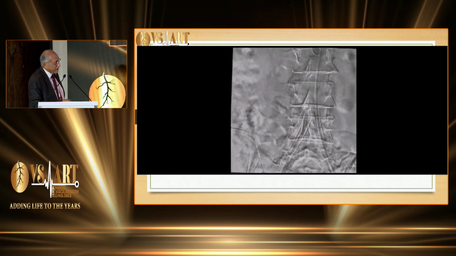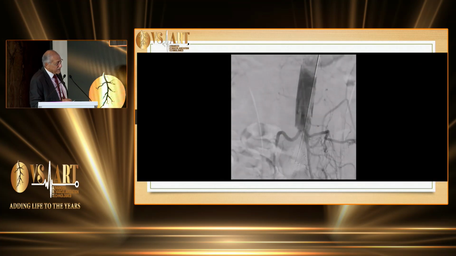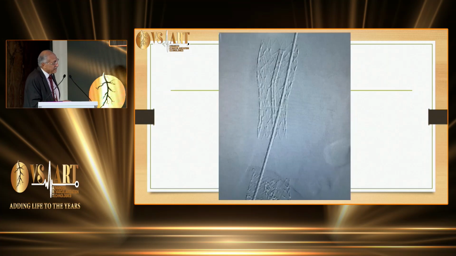We could reach the aorta, so we had the courage to put the aortic stent, and you can see now this is from the left side. We were happy, and we put the aortic stent, and it was funneled as usual, as you see.